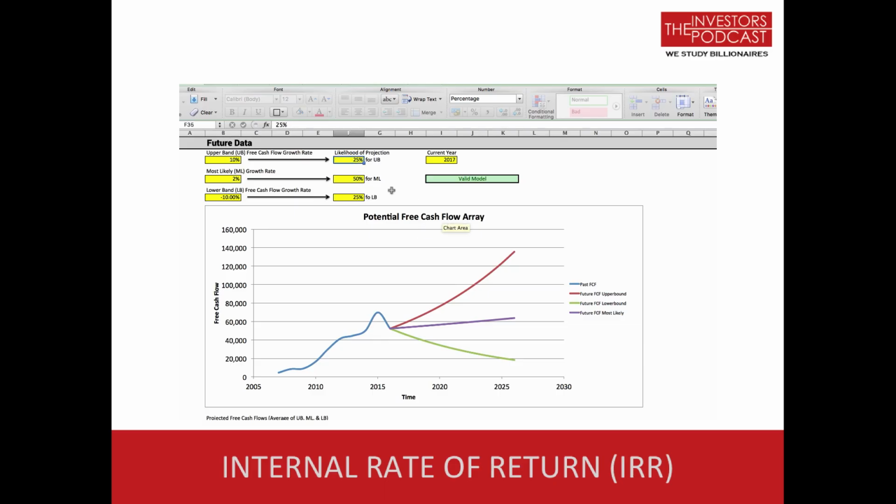Now, the next part is really important because what you're saying is, what's the probability of this happening versus the most likely versus the lower band? So when you're looking at this, you might be saying, I really have a lot of confidence in Apple's ability to continue to increase their free cash flow. And the reasons are, and this is really important, pay attention to how I'm phrasing this, the assets that they're creating today have an endurable competitive advantage to continue to be competitive into the next 5 to 10 years.